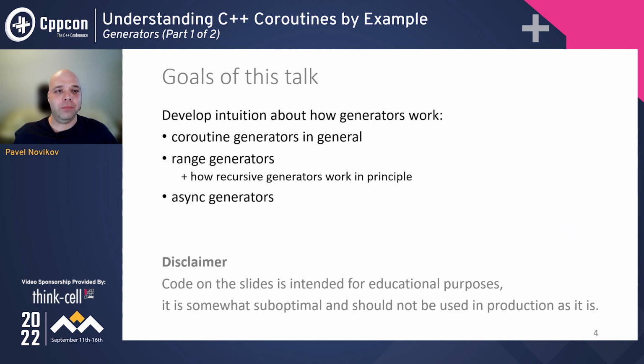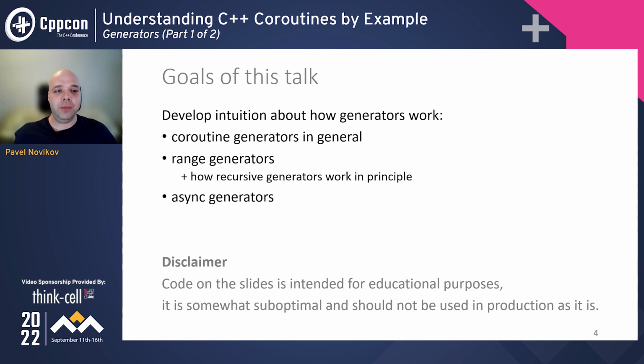The goal of this session is for you to develop intuition about generators, how coroutine generators work in general, how range generators work, including how recursive generators work in principle. And I hope we'll have time to see how asynchronous generators work.